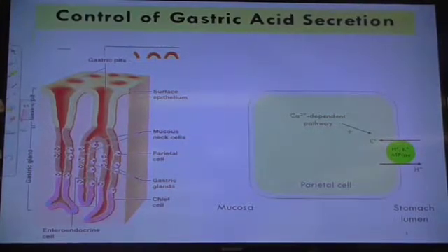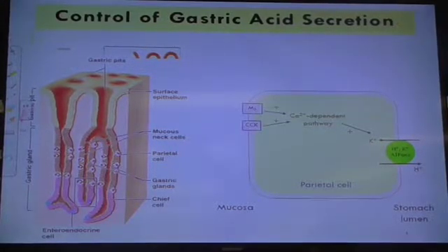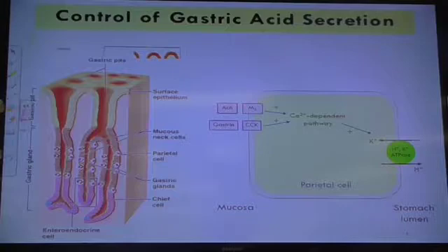First is the calcium-dependent pathway, and that pathway is stimulated by 2 receptors, which are the muscarinic receptor and CCK receptor. And that muscarinic, we know, is acetylcholine as always. But the CCK receptor is stimulated by the hormone we call gastrin.